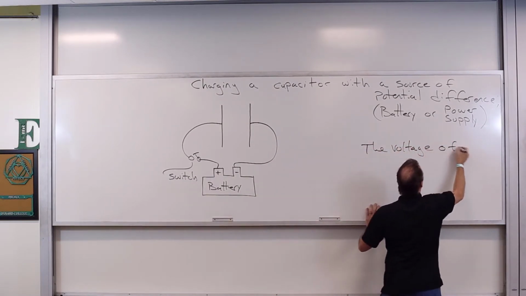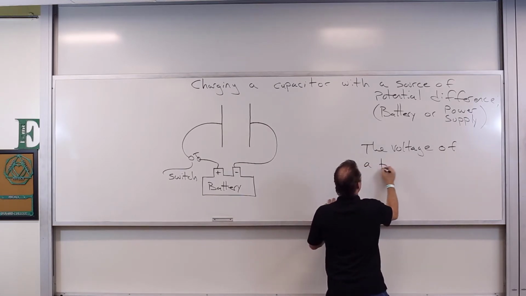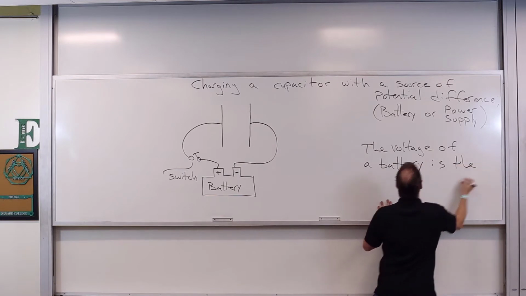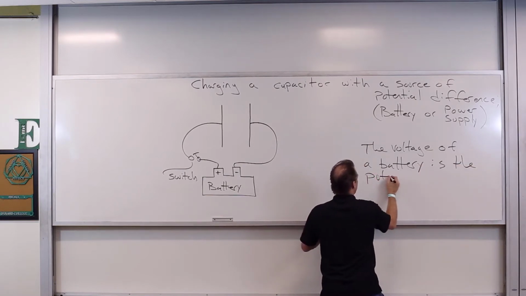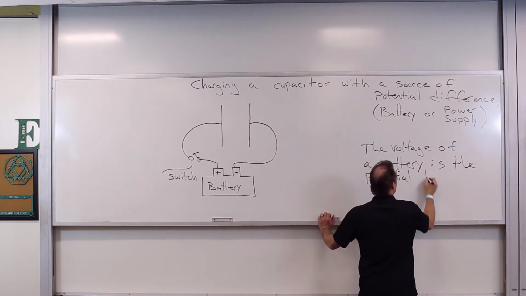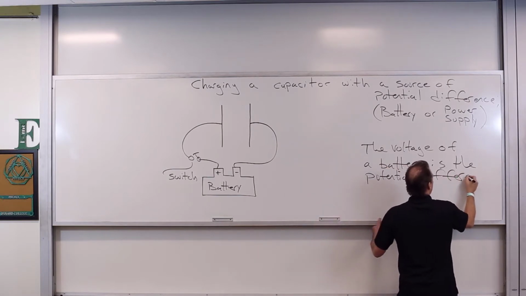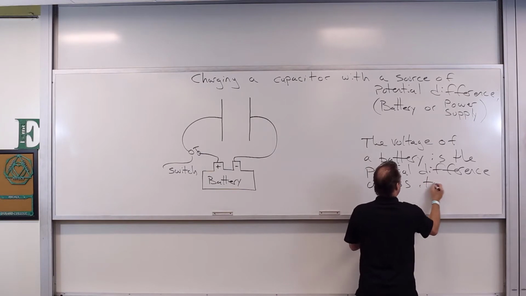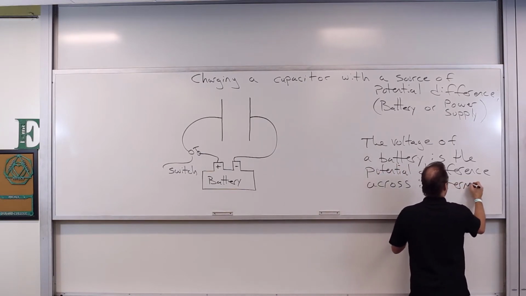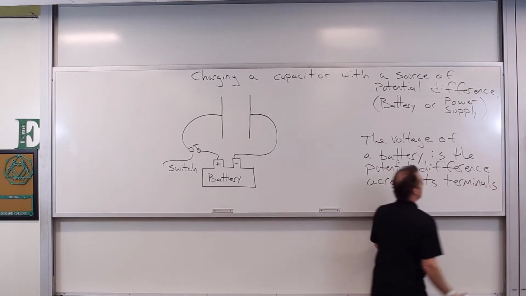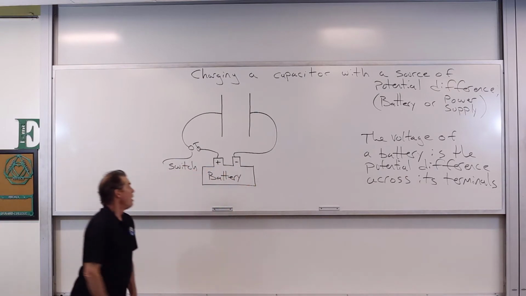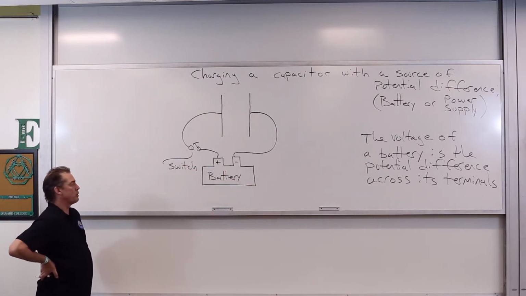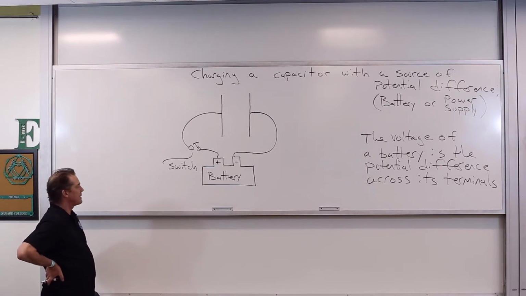The voltage of a battery is the potential difference across its terminals. So we've got this source of potential difference, the battery, and some voltage that it has.